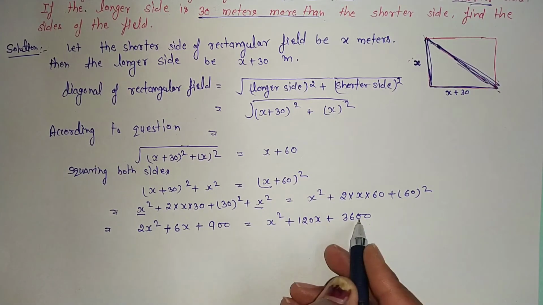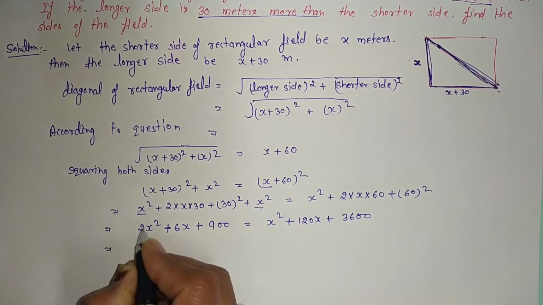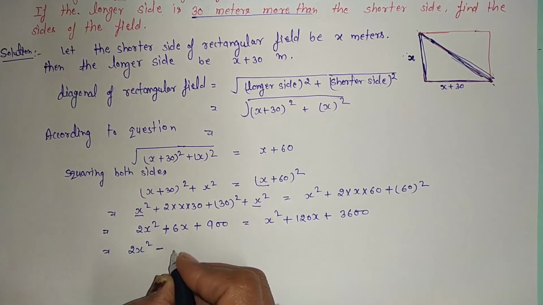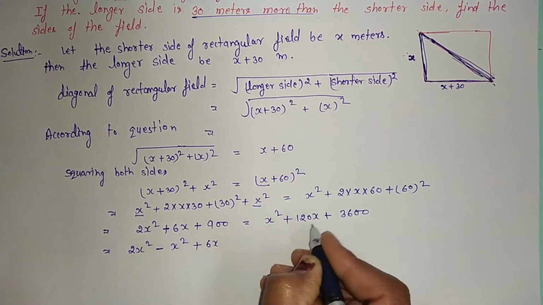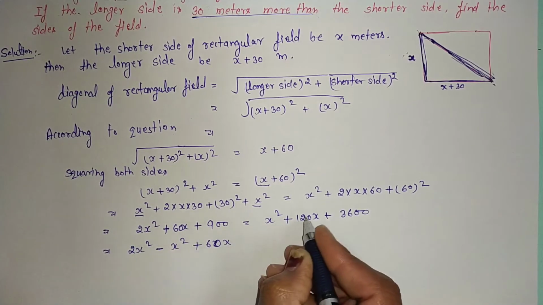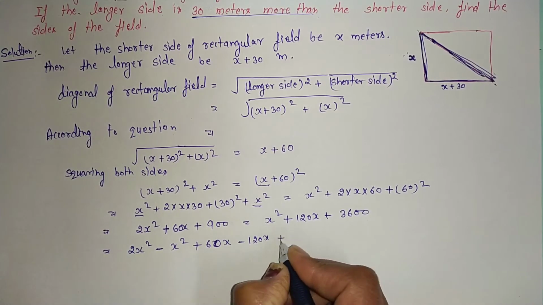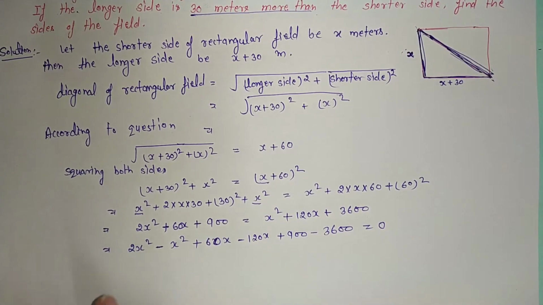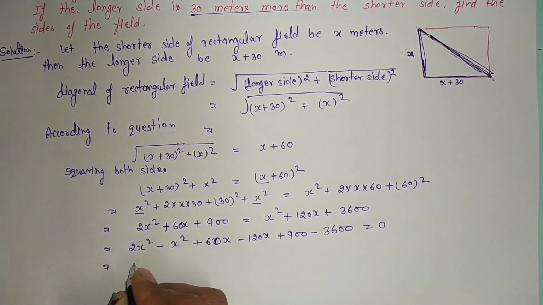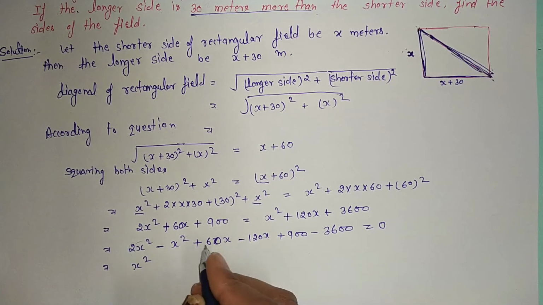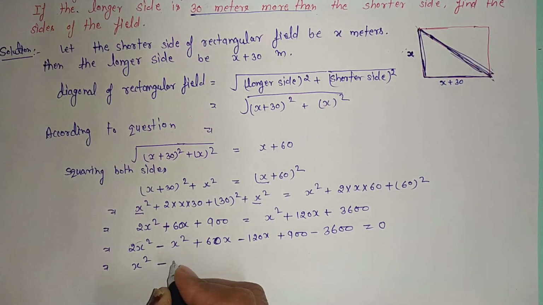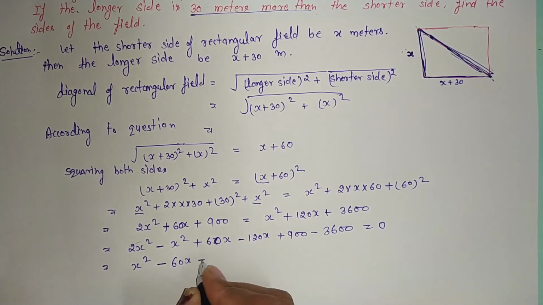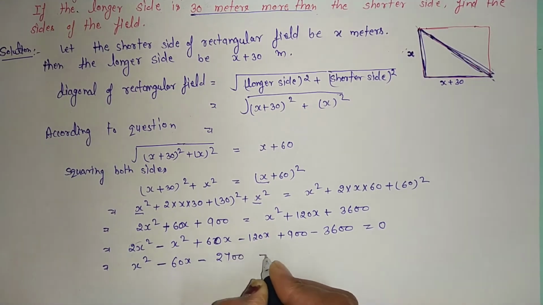Now by transferring this to the LHS, it becomes 2x square, x square on the LHS becomes minus x square, plus 60x minus 120x plus 900 minus 3600 equal to 0. 2x square minus x square become x square, plus 60 and minus 120 we get minus 60x, and 900 minus 3600 we get minus 2700, is equal to 0.